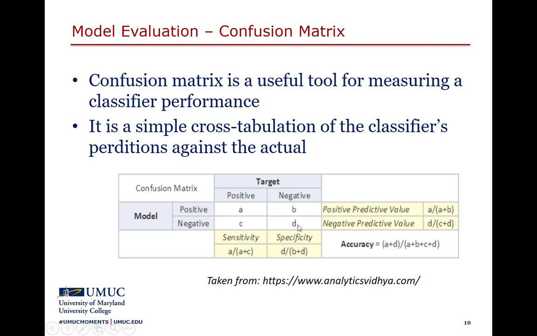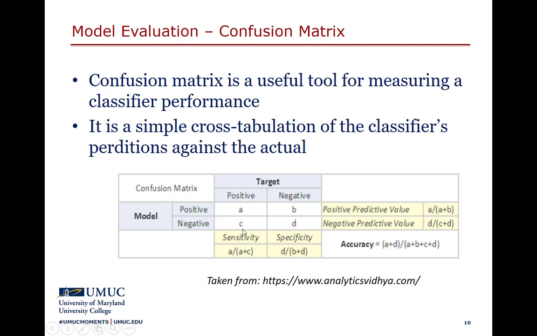And here is a true negative. That means the model predicted negative and the actual is also negative. So in general, the numbers on the diagonal of the confusion matrix are the correct predictions, and the off-diagonal elements are wrong predictions. Your objective is to maximize the number of cases captured in the diagonal and minimize the numbers in the off-diagonal elements.